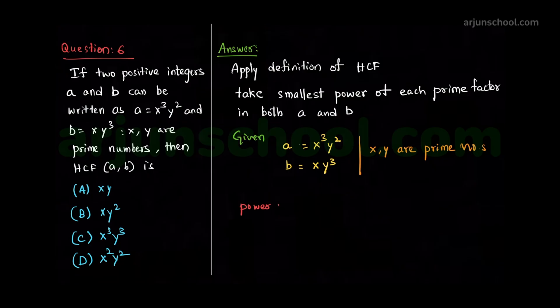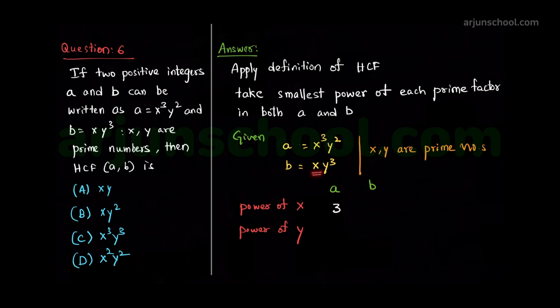Now let us write a table for powers of x and y in a, b. Power of x, power of y. In the columns we have a and b. The power of x in a, which is x cube y square, is 3.